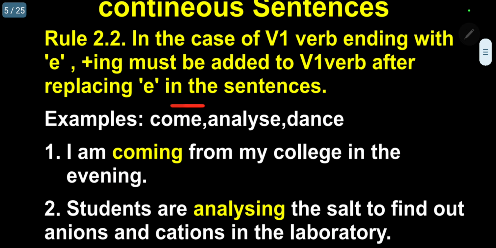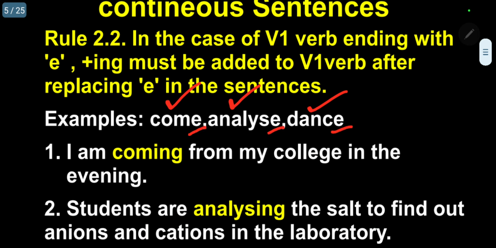Example, come, வருதல், analyze என்றால் கண்டுபிடித்தல், dance நாட்டியம் ஆடுதல். இந்த 3 வெர்புகளிலும் ஈல் முடிகிறது.